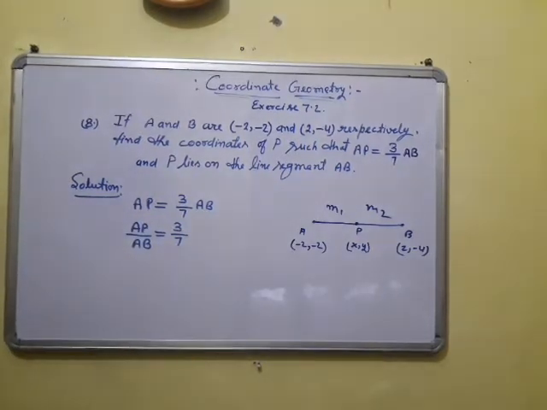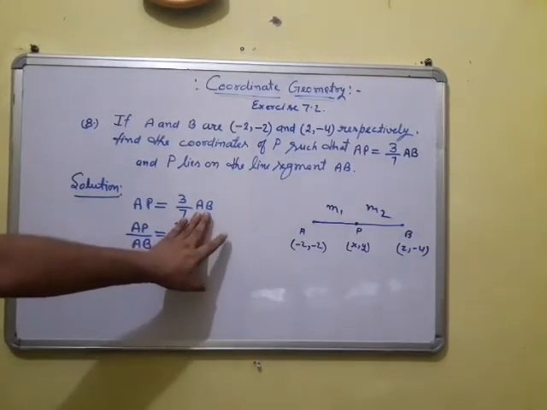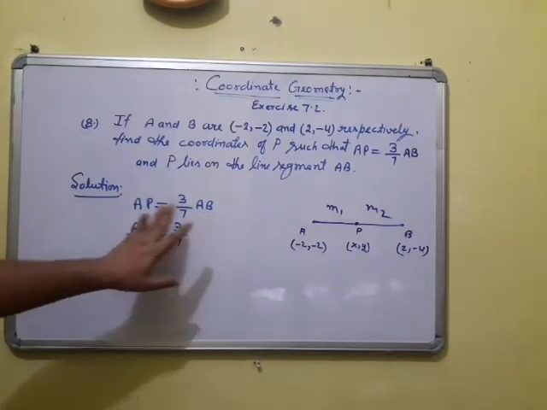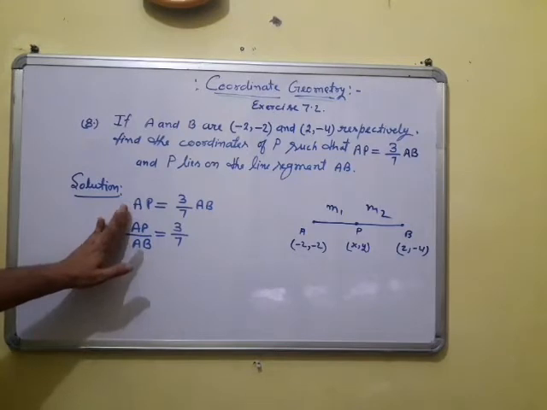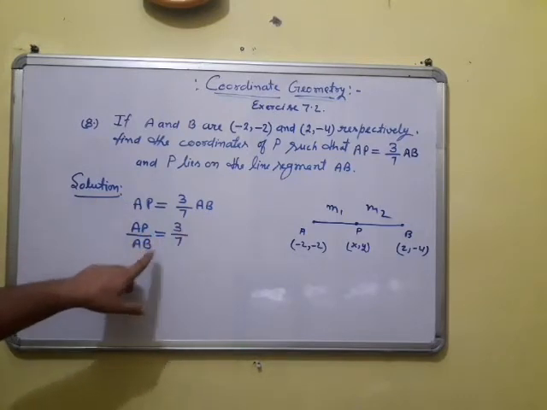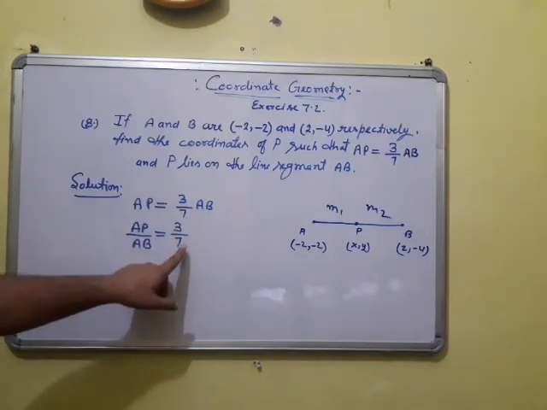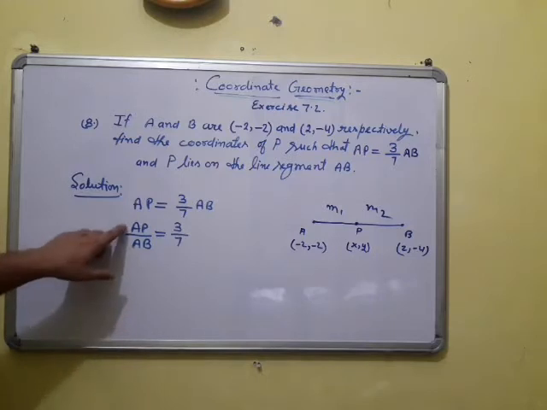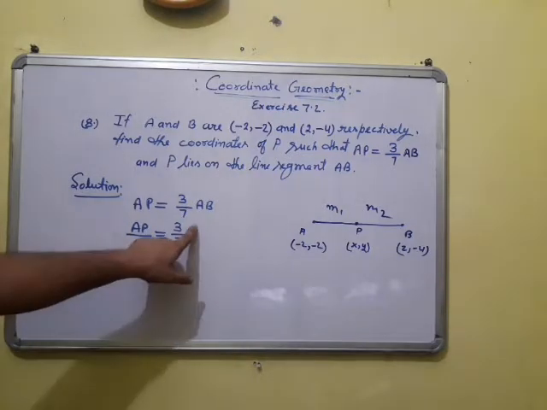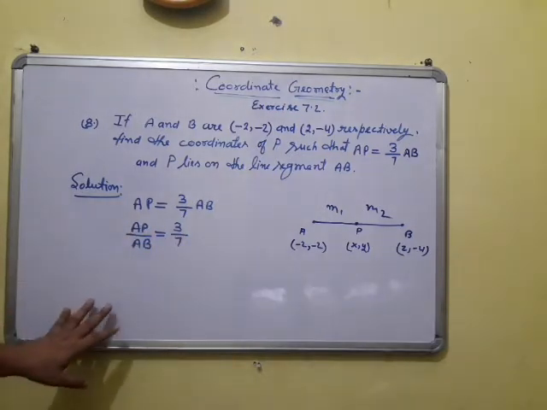Clear? This we can write. This one is multiplied, so it goes to the other side in division. So the ratio is 3/7. AP ratio AB, what will it be? 3/7. Clear?